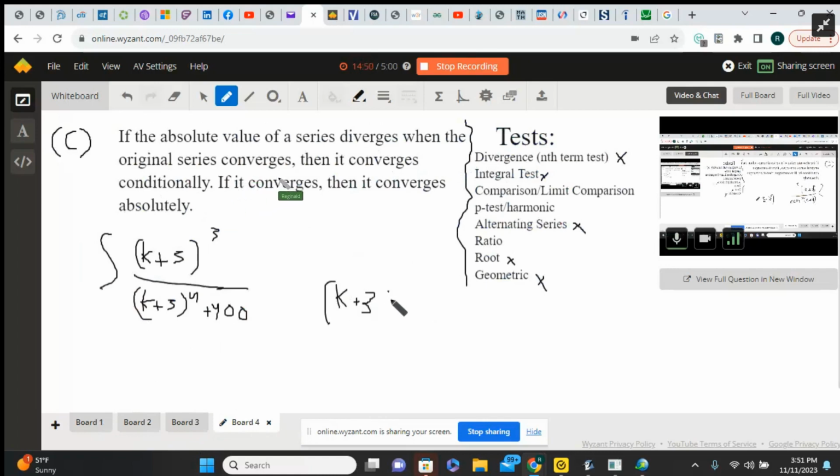k plus 3 to the third. So I'm going to compare this with this thing.